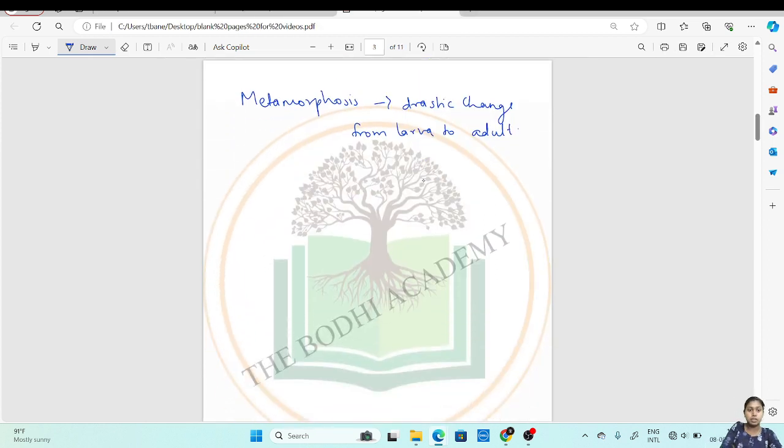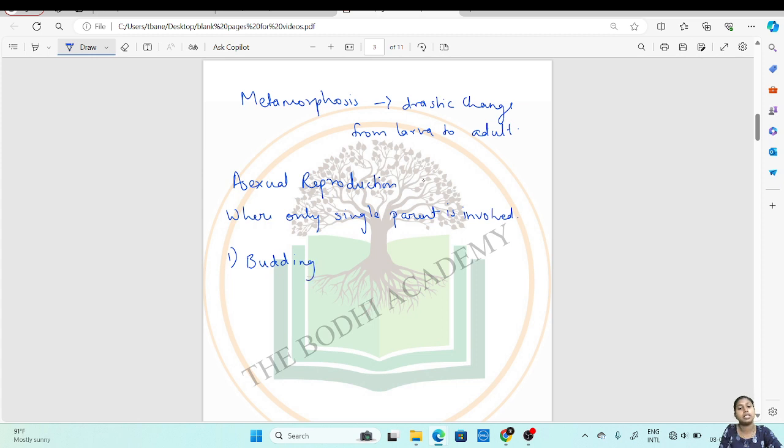Next, we have seen asexual reproduction, where only a single parent is involved. There is no male or female gamete fusion, only a single parent. So what is the first type of asexual reproduction we have seen? That is budding. In which organism have we seen it? In hydra.